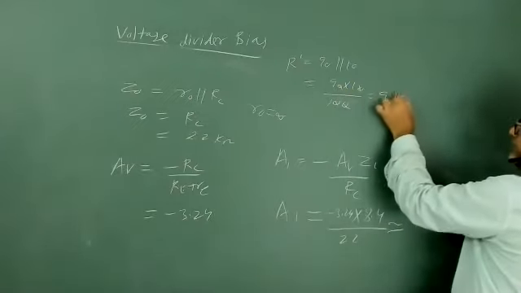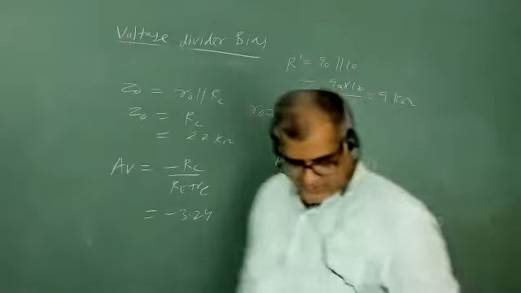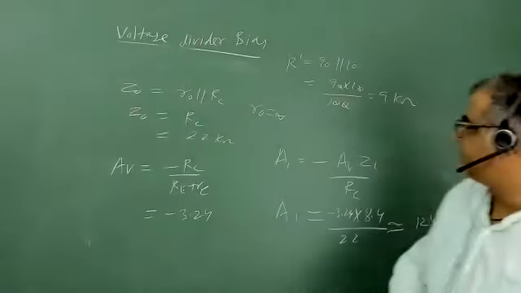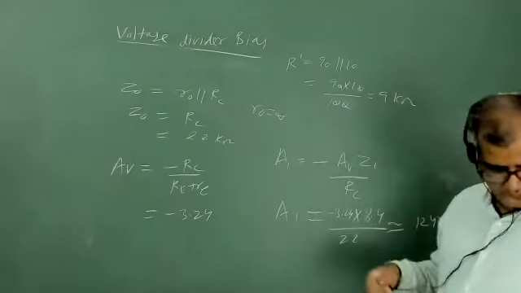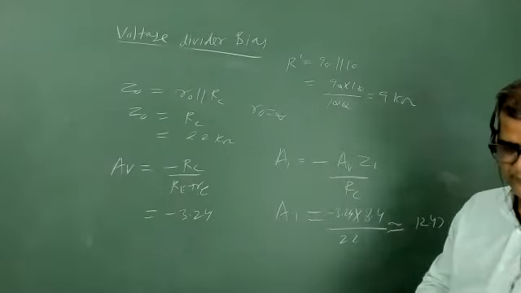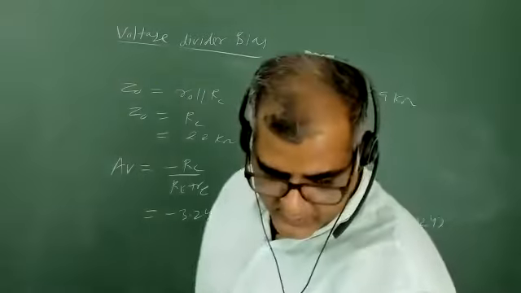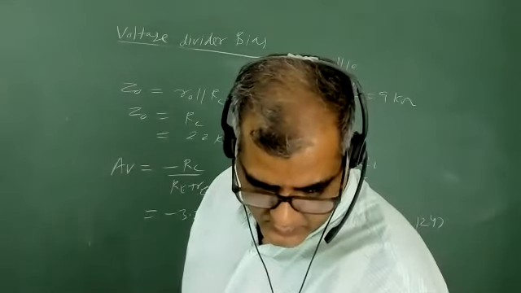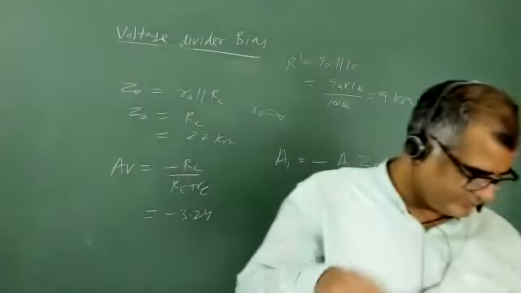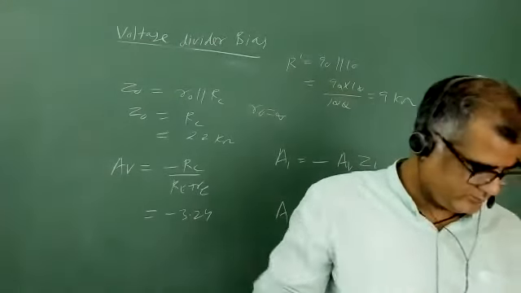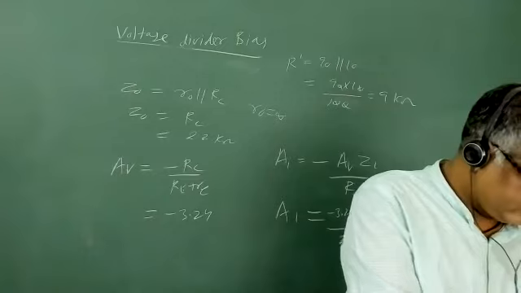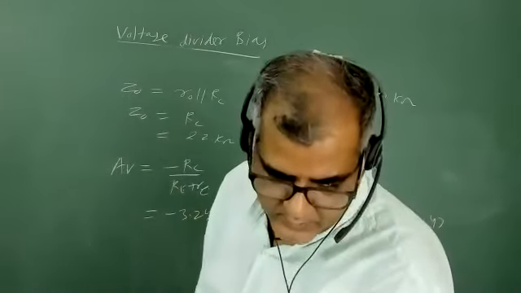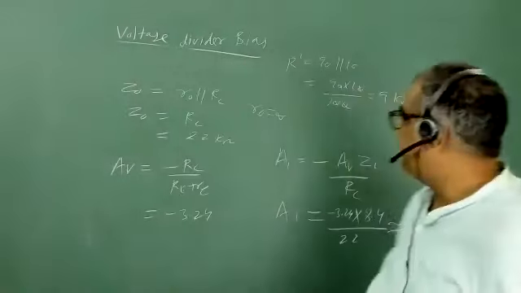Sir, voice कट रहा है आपका. So I'm saying what is the value of R dash? R dash is 9. Voice जा रहा है. Well, Sir, you're not audible, sir. okay. सर आपने क्या बोला वो कुछ सुनाई नहीं होती है बीच में.